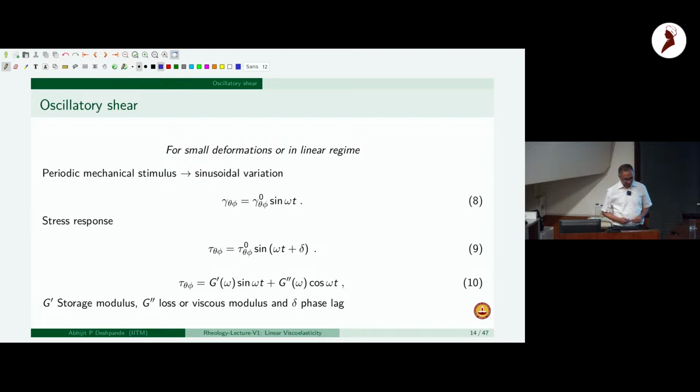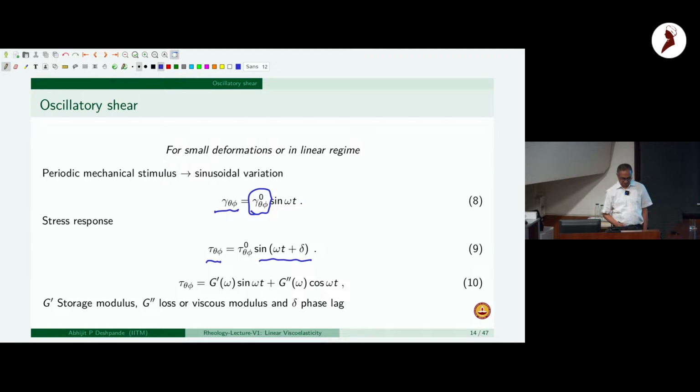So now we will look at oscillatory shear, and a lot of the experimental measurements that I'll talk about will be with respect to this oscillatory shear. And so we apply a strain with a constant amplitude, and then measure the stress. And given that this is a linear response, the stress is at the same frequency as the input strain.